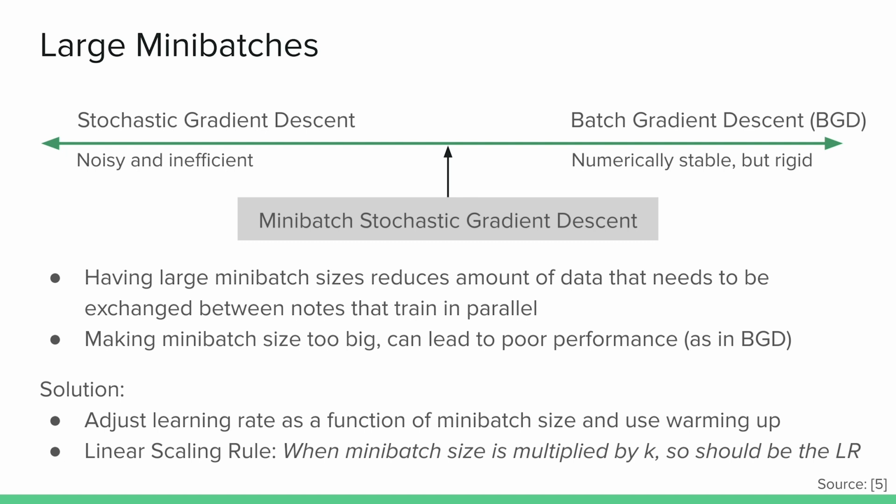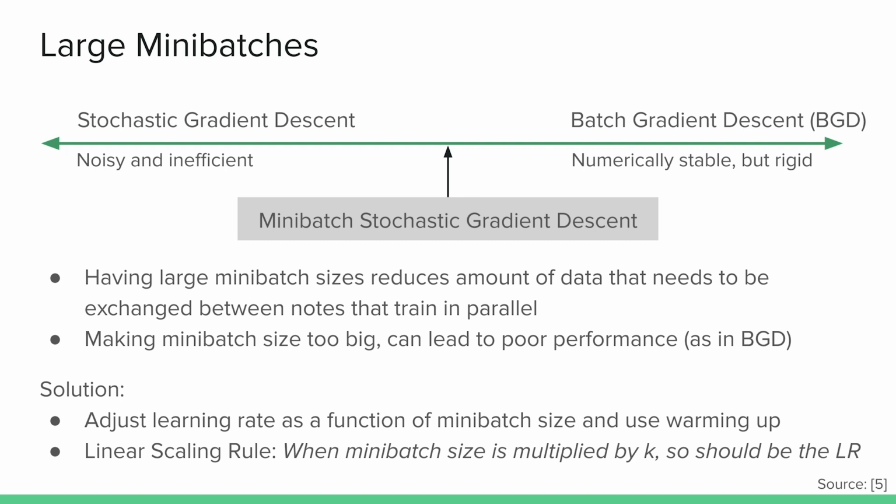Having large mini-batch sizes can boost your performance because then you're processing a bigger chunk of data at the same time, using the memory that you have in your GPU wisely, and being more stable in terms of the expectations that you get for your gradient.